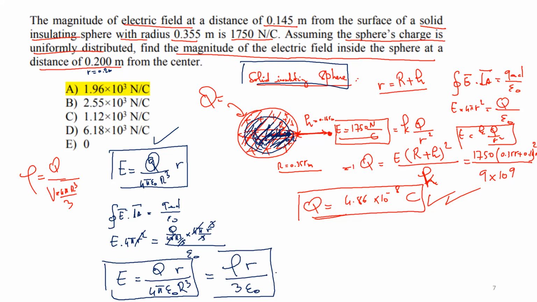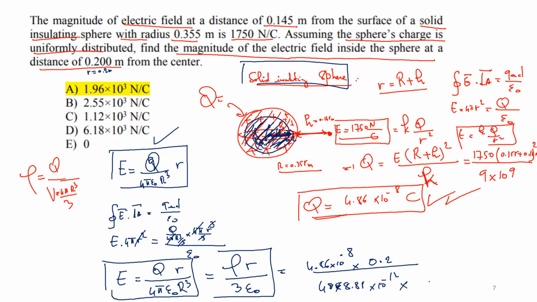Anyway, the electric field that I want is this: Q, which is 4.86 times 10 to the power minus 8, multiplied by r, which is 0.2, divided by 4 pi epsilon naught, where epsilon naught is 8.85 times 10 to the power minus 12, multiplied by R cubed.